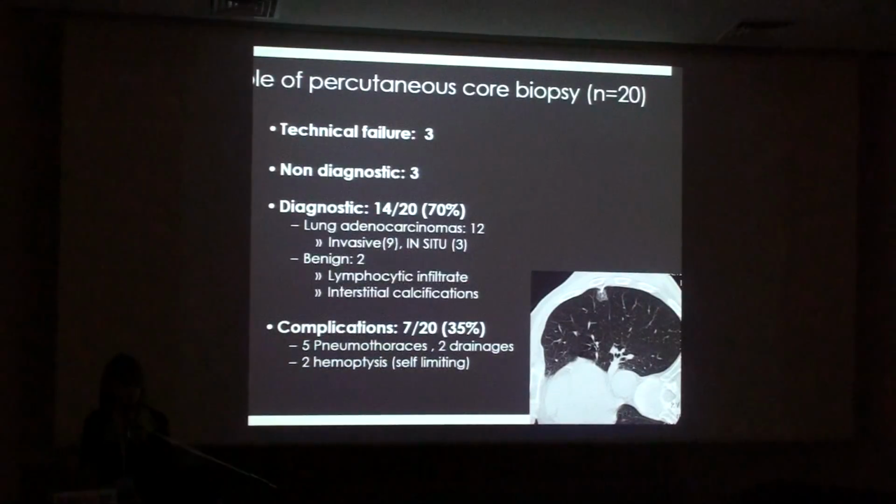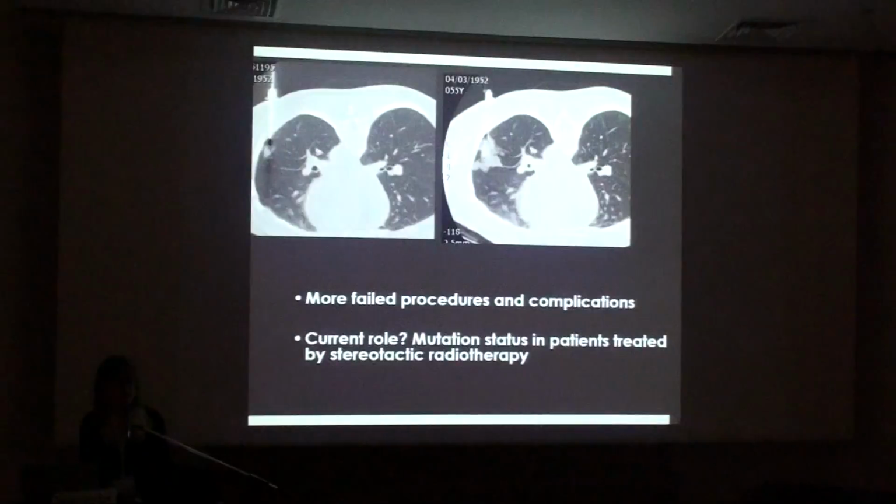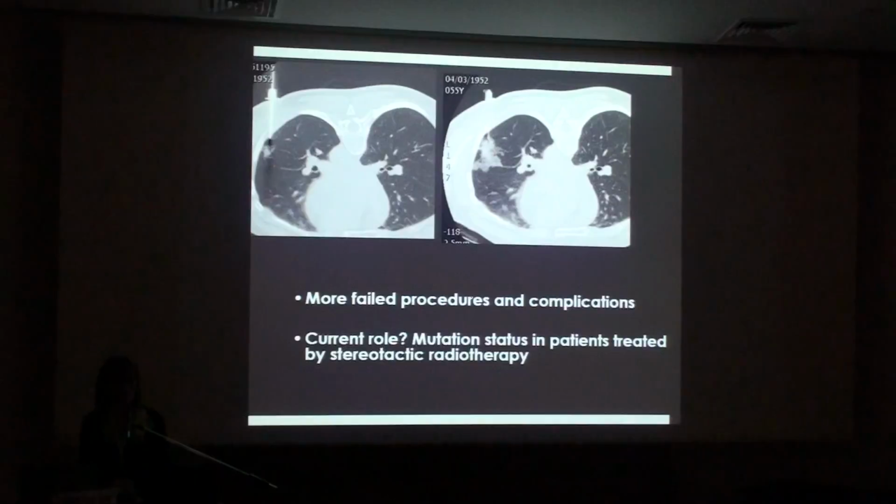What about the role of the percutaneous core biopsy? I would say that we have fewer diagnostic procedures than for solid lesions, and that the complication rate is higher, and that the role is a matter of debate, because we know these lesions are lung adenocarcinomas.